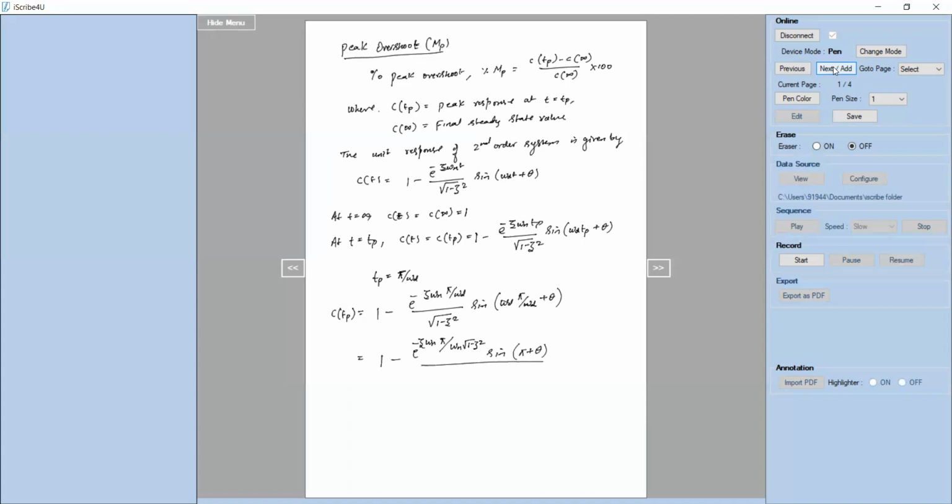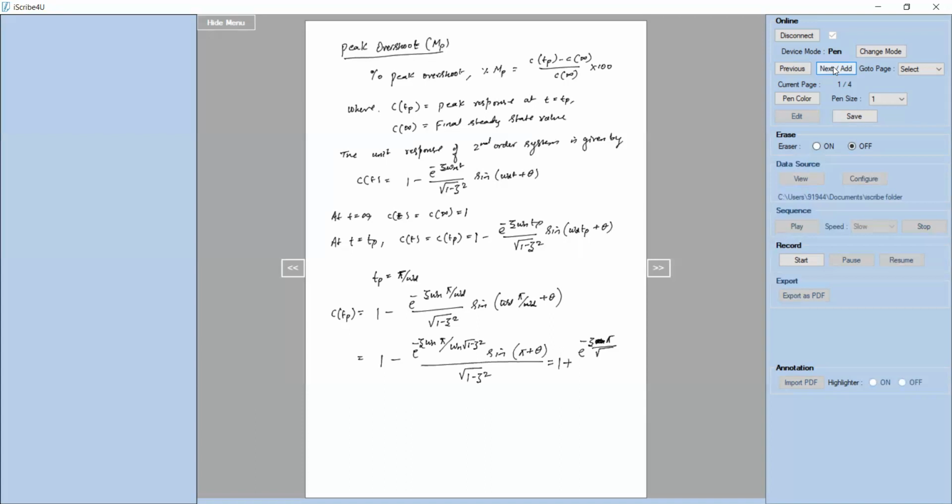So pi plus theta I'll be having, in the denominator I'll be having 1 minus zeta square. So this can be further simplified as minus and minus, I will make it plus here. So it is e power minus zeta omega n pi divided by omega n will get cancelled, very sorry, omega n will not be there.